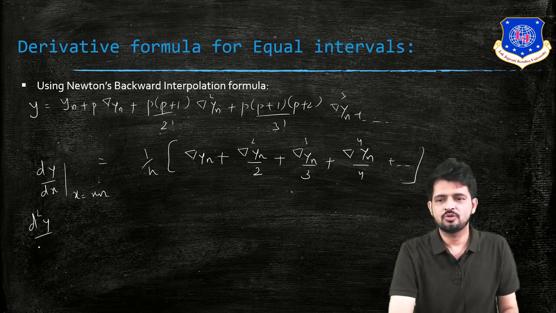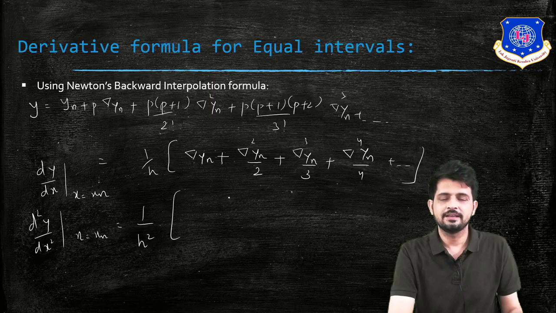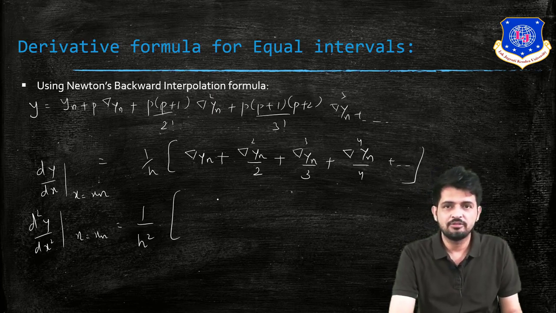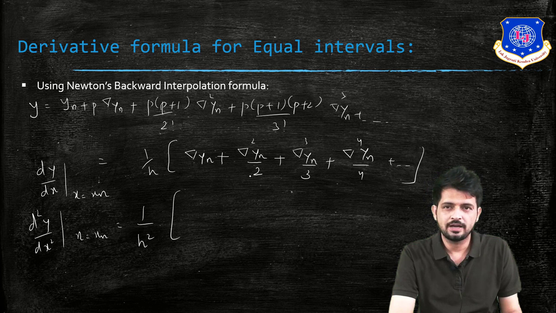Similarly, if I want to find d square y by dx square at x is equal to xn, then it can be written as 1 upon h square. See here, instead of y0 we are writing yn, instead of del we are writing nabla, and instead of alternate sign we are taking plus sign. See, you can derive this, but there is no need to remember the proof.